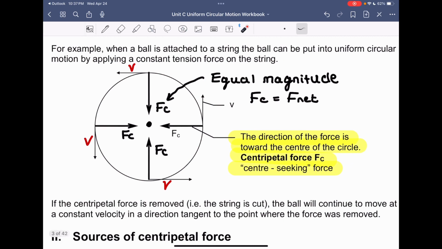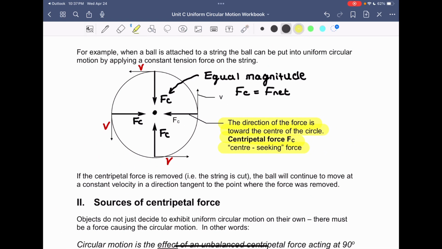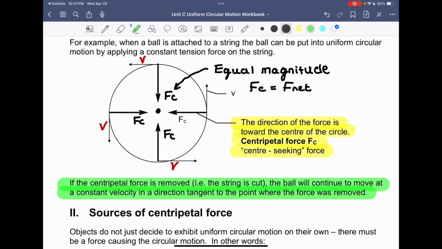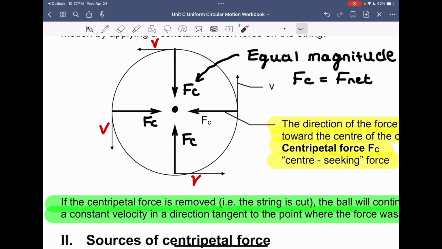So very, very critical. Now, something to note here, and something you may want to highlight for yourself, is this. If the centripetal force is removed, the ball would move at that constant velocity and shoot off along the tangent at which it was removed. Meaning, if I look at this circle here, and suppose it's going around the circle, and we look at this key interval, if I decide to cut the string here, or let's say this center-seeking force is cut, the ball would shoot off in this direction, along the tangential velocity at that instantaneous moment.